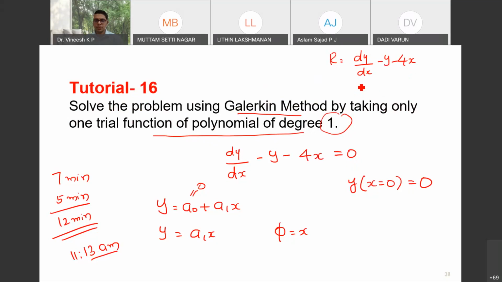The approximate solution is y is equal to a1 x. Just use the Galerkin method. It's a very simple problem actually. Sorry, it is tutorial 17. I just forgot the number.